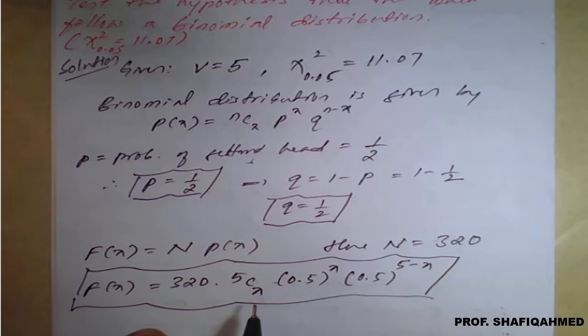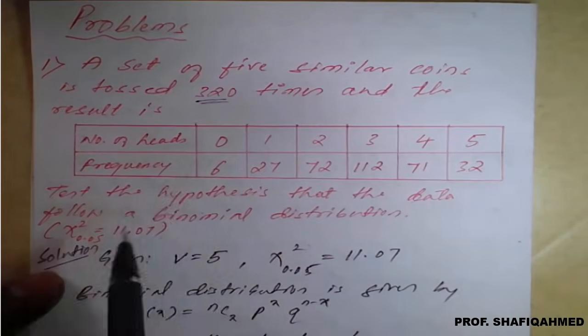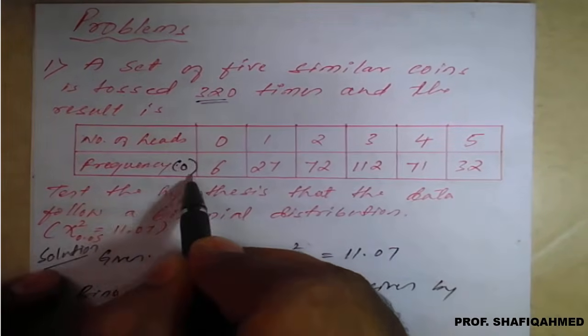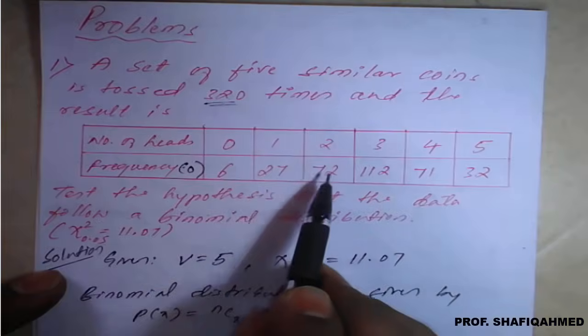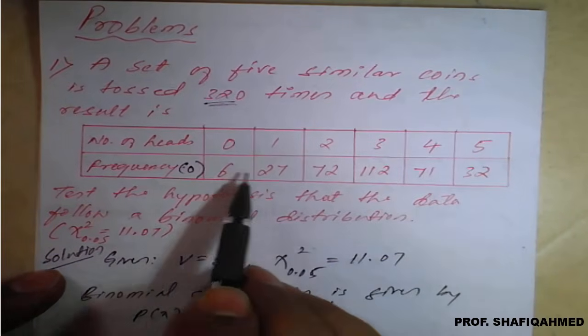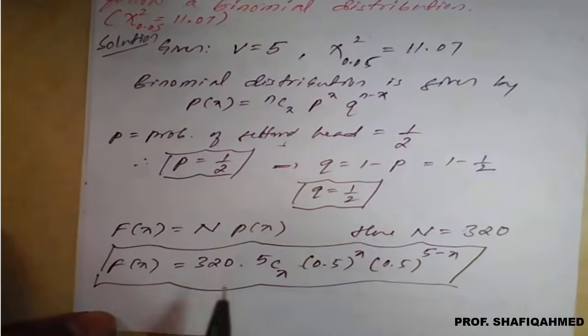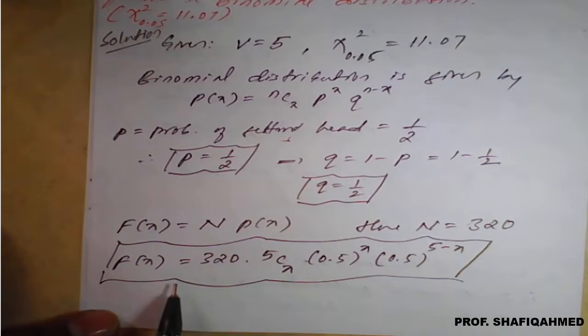We are not applying chi-square yet, we are just finding theoretical frequency. The given frequencies are the observed ones, O1, O2, O3, O4, O5, O6, which are already experimental. So we are finding theoretical frequencies using this.